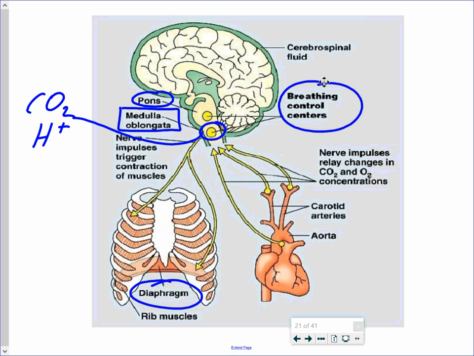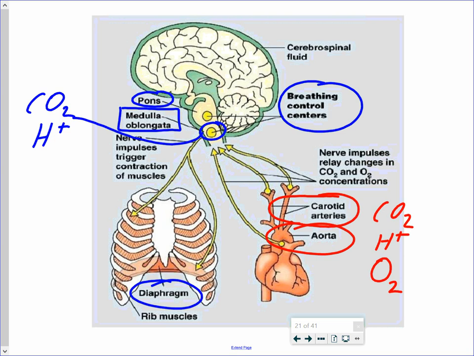There are some other areas that also do some kind of detecting as well. So the carotid arteries carrying blood up to your brain, and the aorta, you'll also have what are called receptors there. There might be receptors there also for carbon dioxide, for protons, but there are also receptors for oxygen.